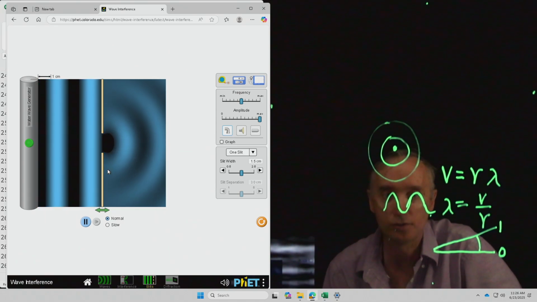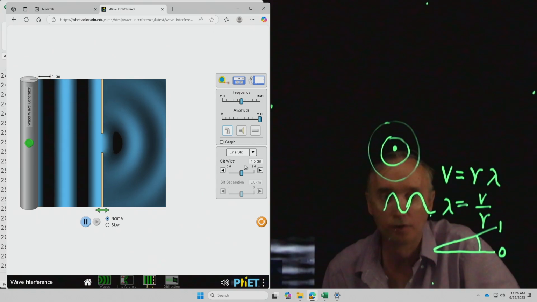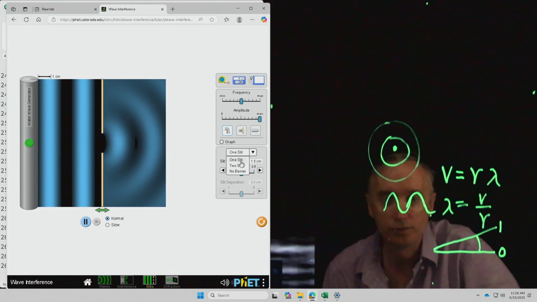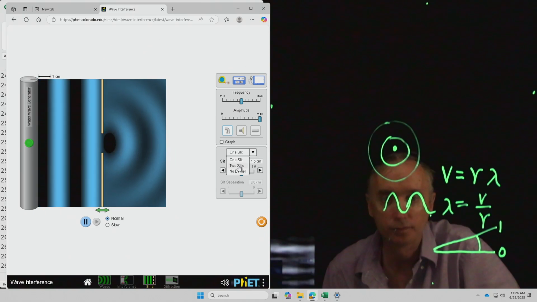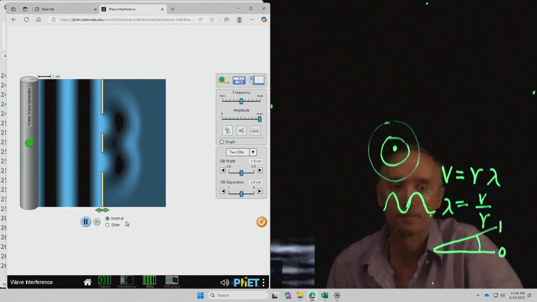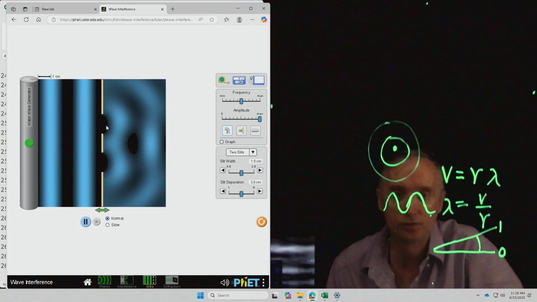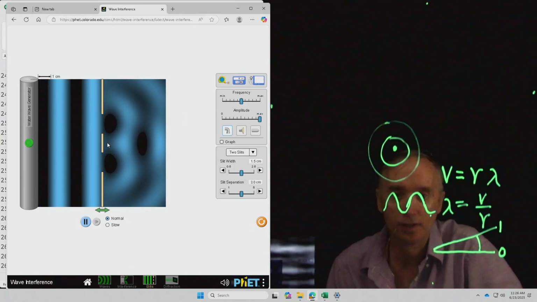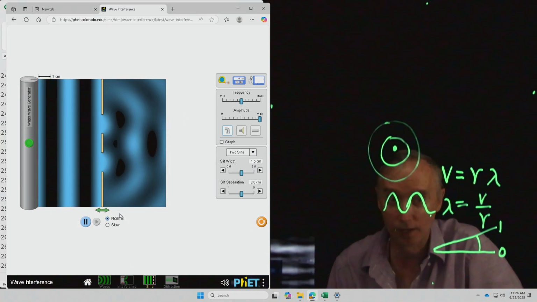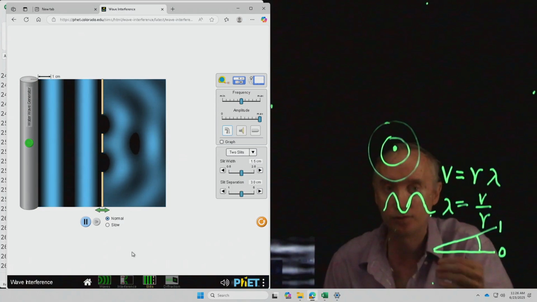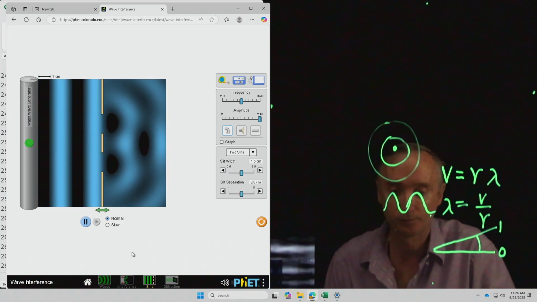We want to do it for 2 slits. So over here, we're going to click on 2 slits. So now you got water waves that are approaching 2 slits, and then you see it's making that pattern. Well, that should look familiar because that's the same pattern that 2 faucets were making.